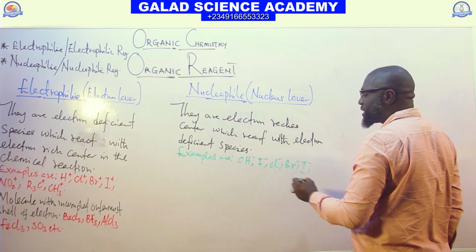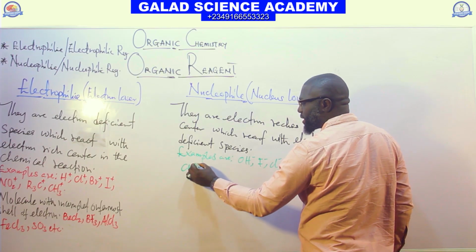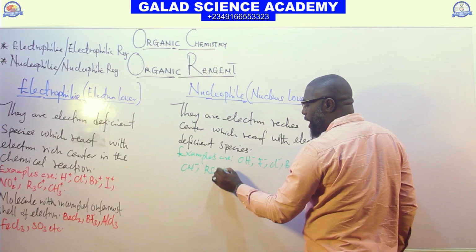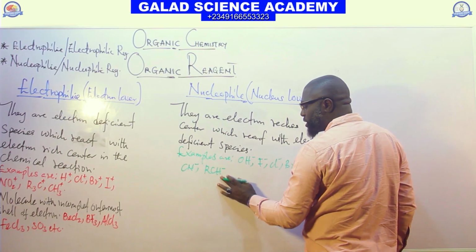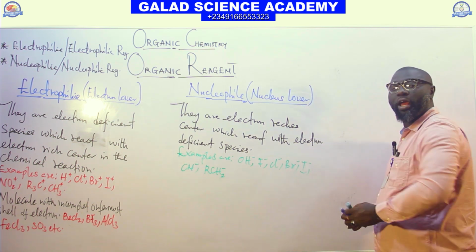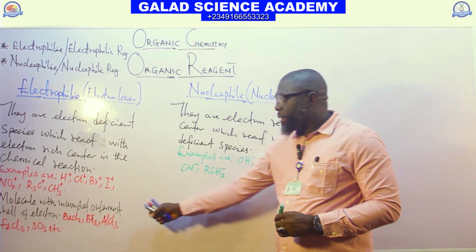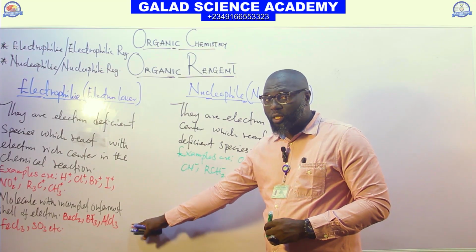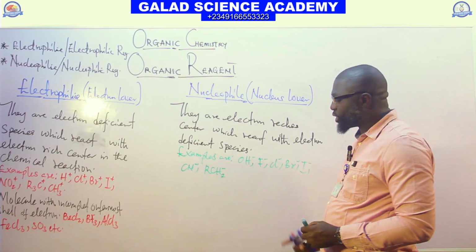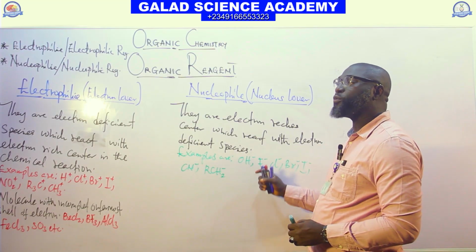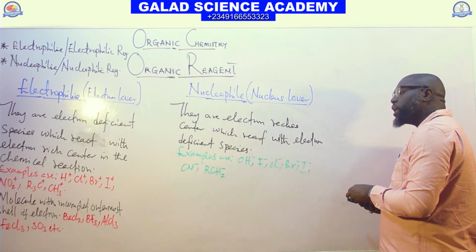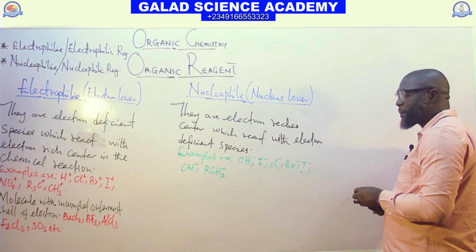You can also have cyanide minus, and RCH2 minus, a carbanion. And we can also have molecules with lone pairs of electrons, which belong to the nucleophiles.